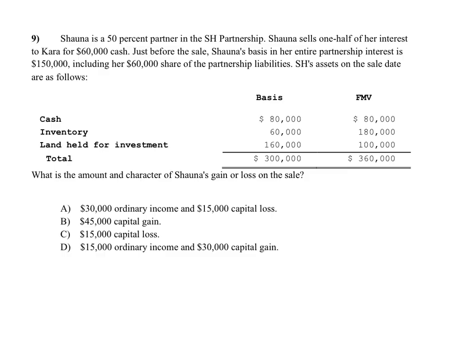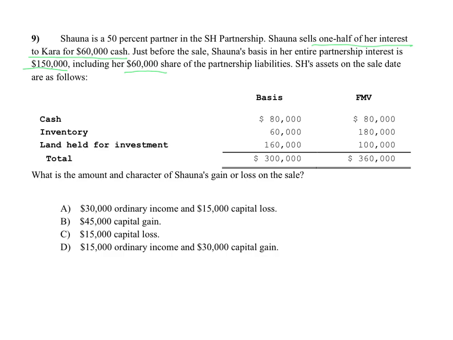She sells 1/2 of her interest to Kara for $60,000 cash just before the sale. Her basis in her entire partnership interest is $150,000, including $60,000 of partnership liabilities. And then we have the partnership's balance sheet right there.